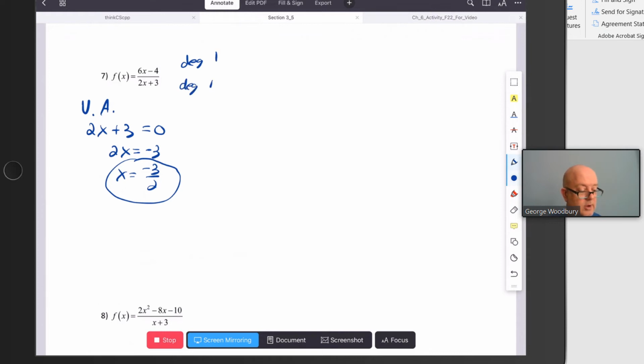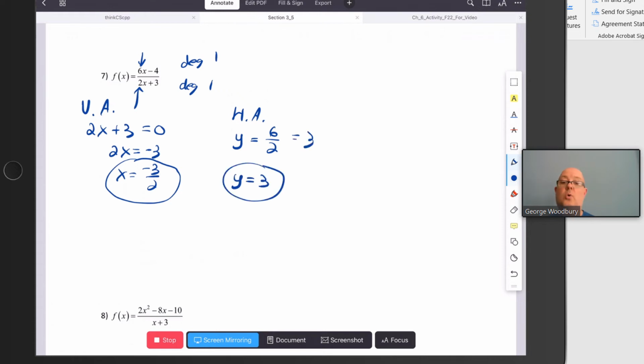In the denominator, we have a degree of 1. Those are the same. And when that's the case, we divide the leading coefficients to find the horizontal asymptote. The horizontal asymptote here would be y equals 6 divided by 2, and 6 divided by 2 is 3. So there's going to be a horizontal asymptote at y equals 3.